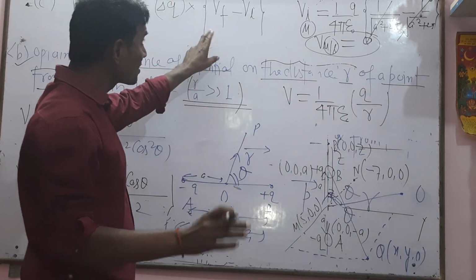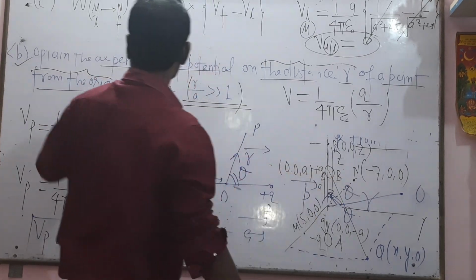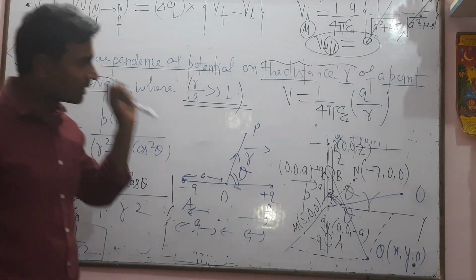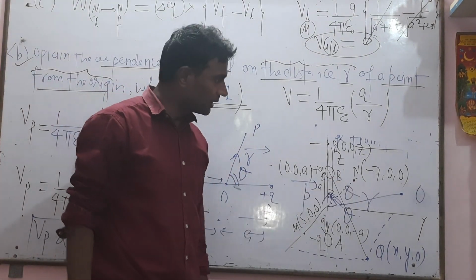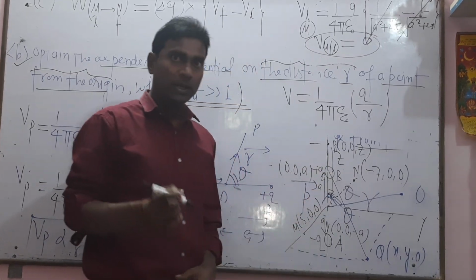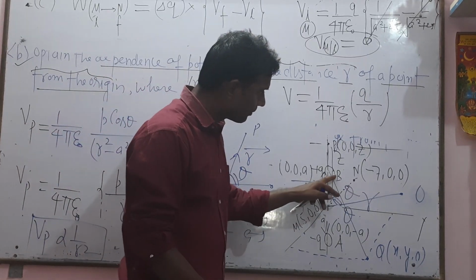Also you can find the potential at the end point, because this is the initial and this is the final. So the potential at the end point equals, similarly, 1 upon 4 pi epsilon naught, q common, and the distance bn.